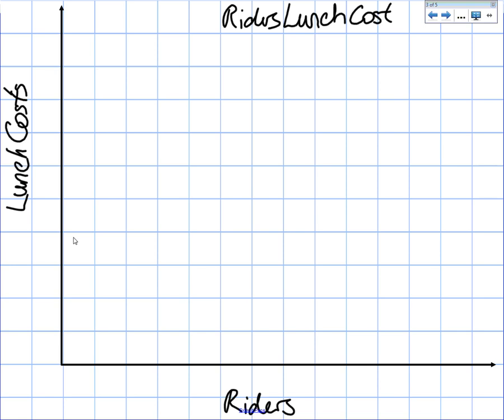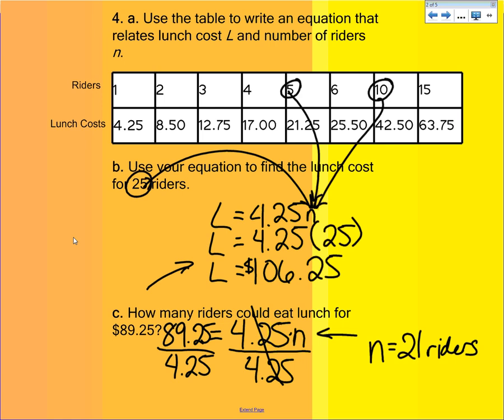So let's go back to our table. I'm going to erase some of these lines so that we can look at our table nicer. We could go up to maybe 10 riders, and that's going to go up to $42.50 in cost.